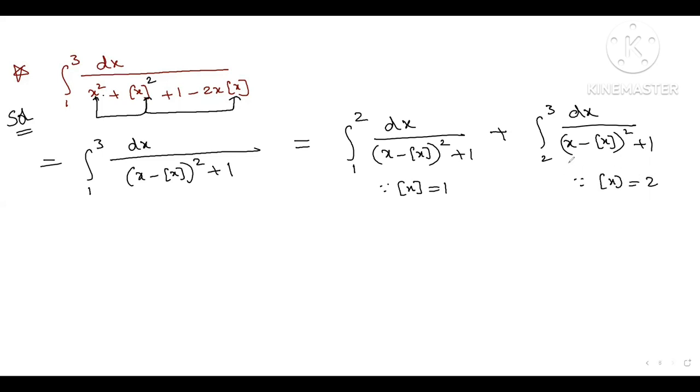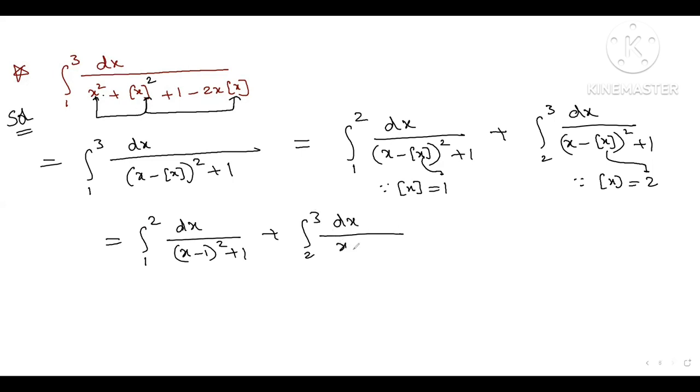Why? Because if you take any real number between 2 to 3, like 2.8, 2.9, the integral part is 2. Similarly, 1.1, 1.2, any real number from 1 to 2, the integral part of x is 1. What do we get here? ∫₁² dx/((x - 1)² + 1) + ∫₂³ dx/((x - 2)² + 1).